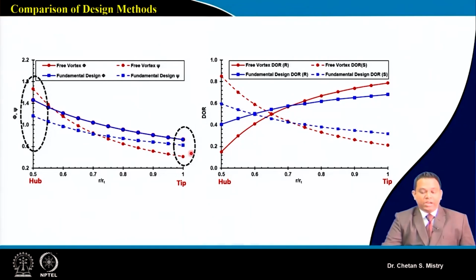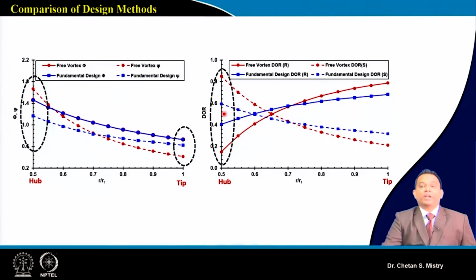In line with that, this represents my degree of reaction. As we have discussed, degree of reaction represents your thermodynamic diffusion. So in line with what we have discussed about the diffusion factor, we observe a similar trend here.